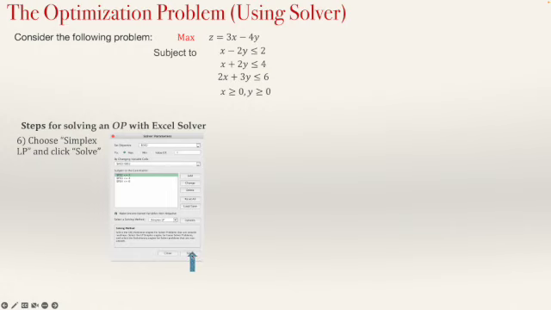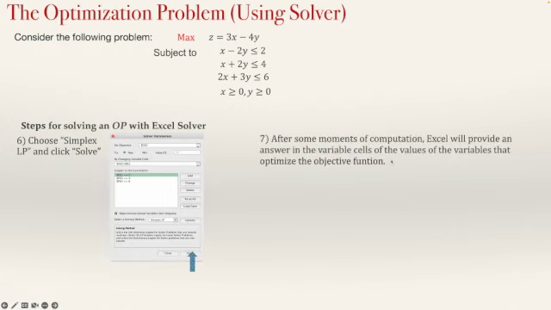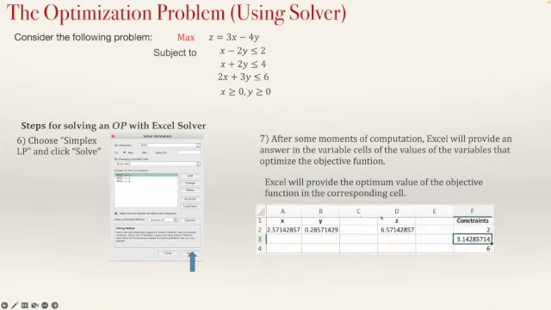After some moment of computation, because the program will spend some time, it will provide an answer in the variable cells with the values of the variables that optimize this objective function. Another cell will provide the optimum value of the objective function in the corresponding cell.